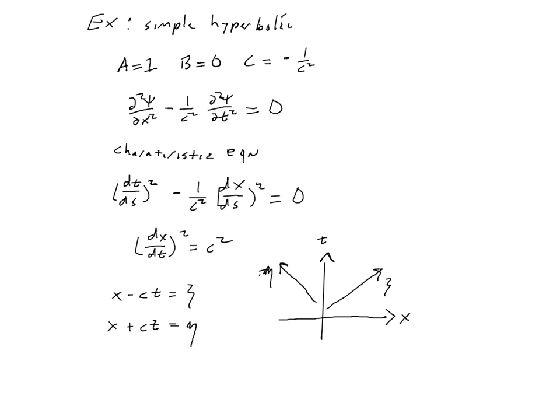So now, what happens is that these characteristics form a natural set of coordinates. If you take eta plus zeta and you divide by 2, you get back x. If you take eta minus zeta and divide by 2c, you get back t. And so you can rewrite your differential equation using these.